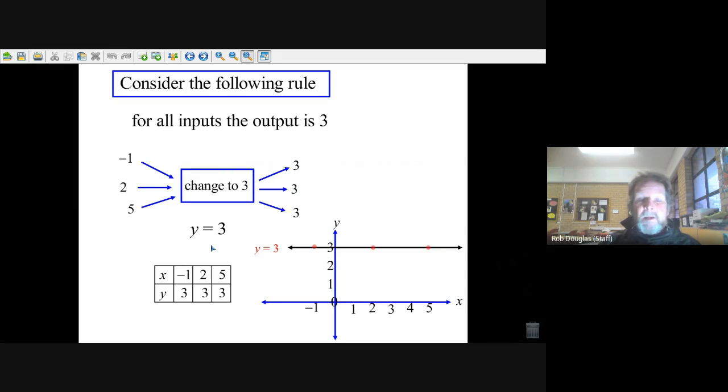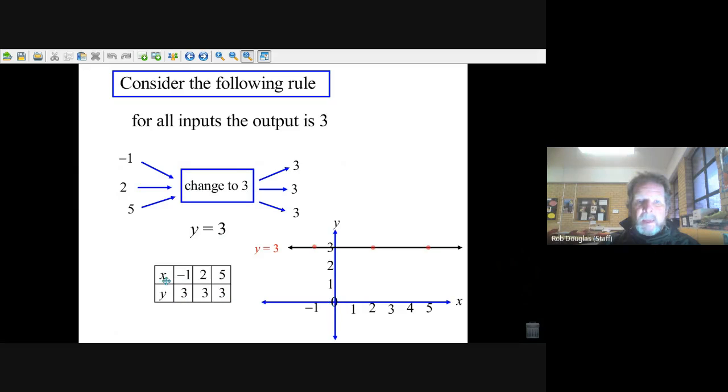And the equation for this function, this relation, is y is always equal to 3. Now you can make a table out of these pairs. X is -1, 2, and 5. Y is always 3. And then you just graph it.